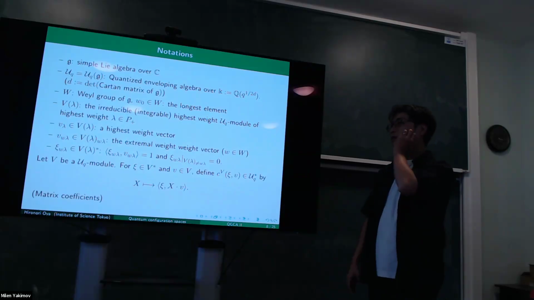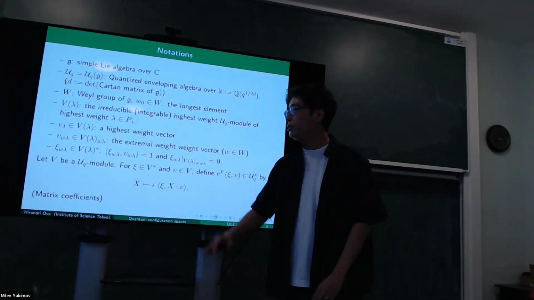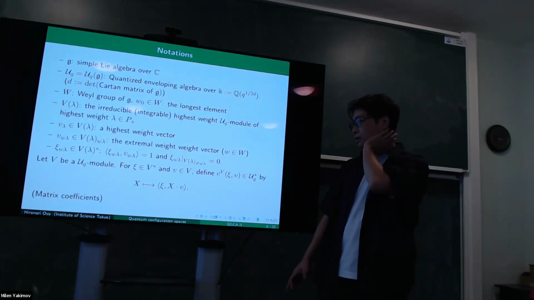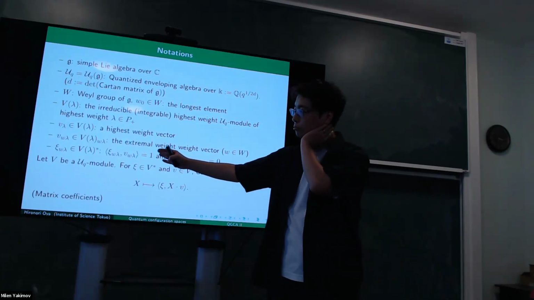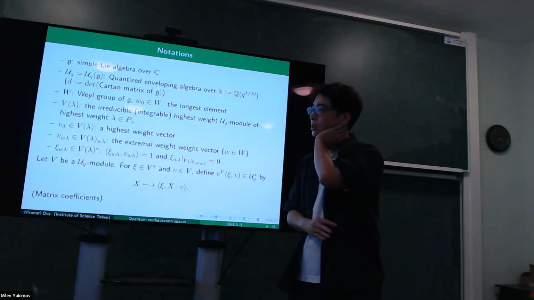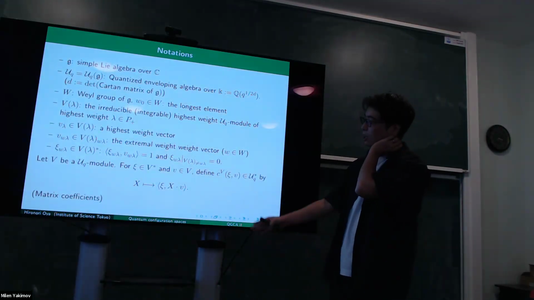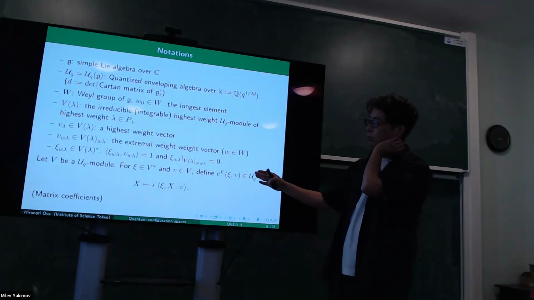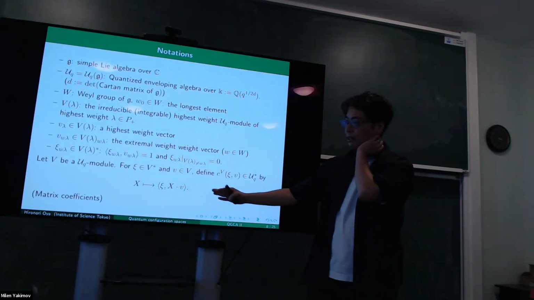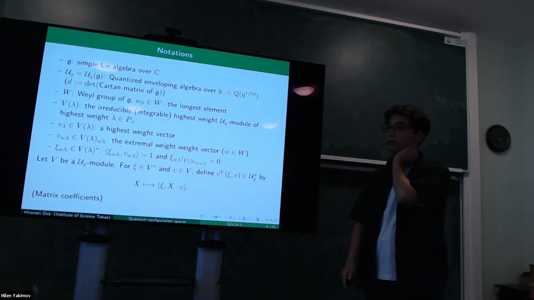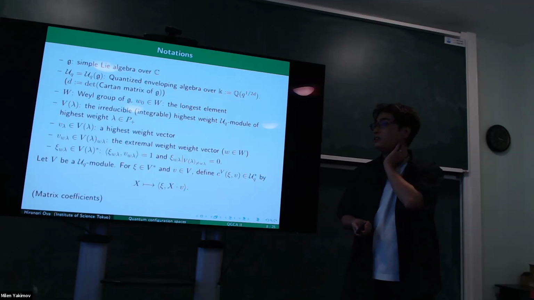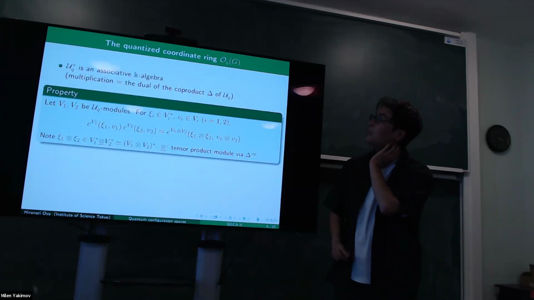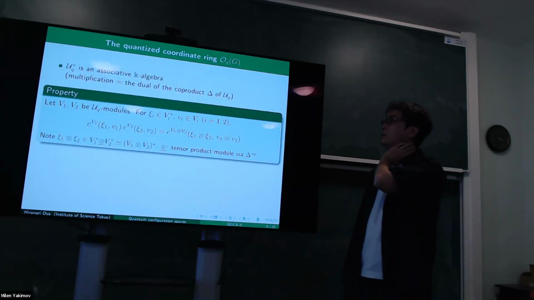If we have a representation of UQ, and we take a vector from V and a vector from the dual of V, then we can consider a linear map from UQ to K, a linear form on UQ defined by this pairing. This is the standard matrix coefficient.